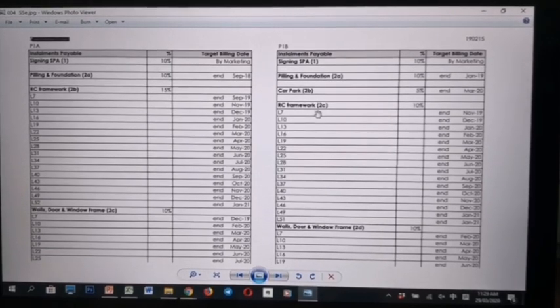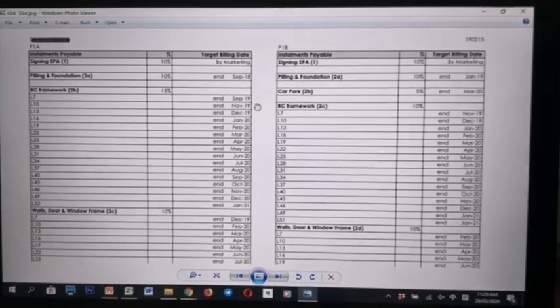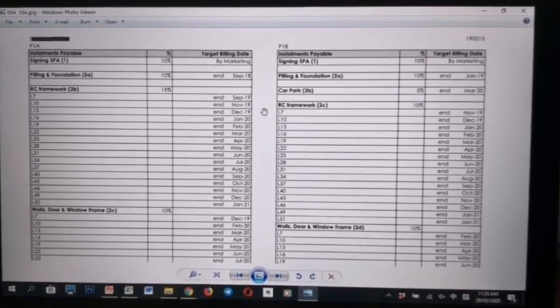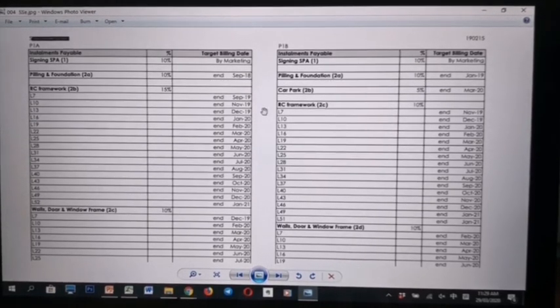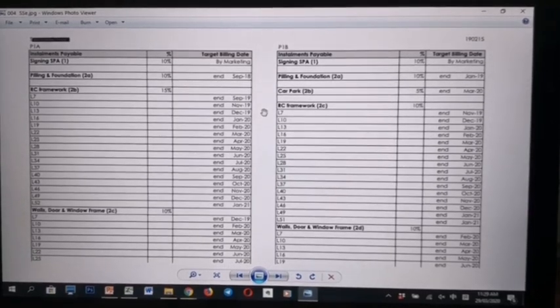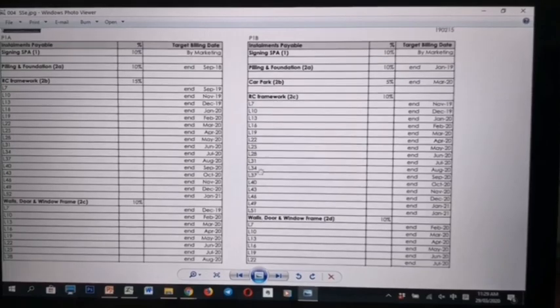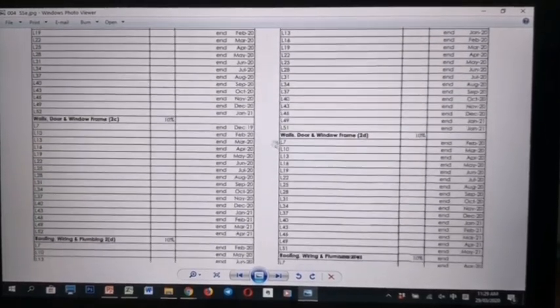So for stage 2B, 2C, 2D, 2E, it really depends on the floor you buy. If you buy a high floor, level 40 plus, you pay the interest later instead of paying more early like here. From here you can see the door, window.